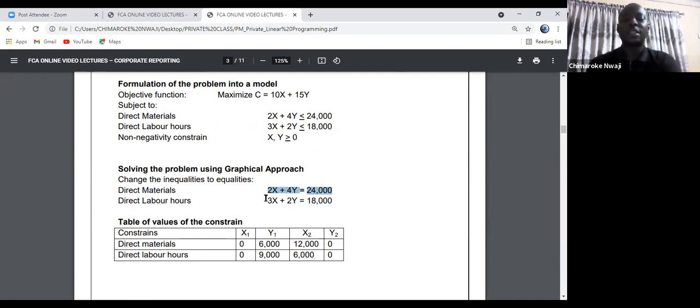Then 3x plus 2y equals 18. We've changed them to equations. Then you now look for a table of values because you want to plot a graph. And a graph is going to be straight lines.